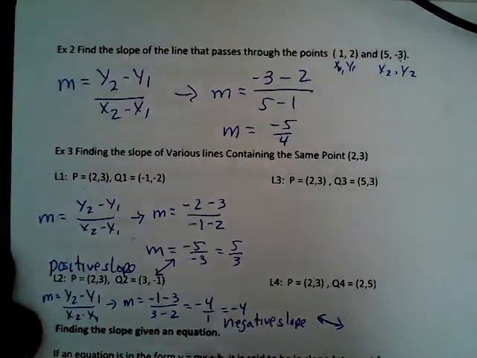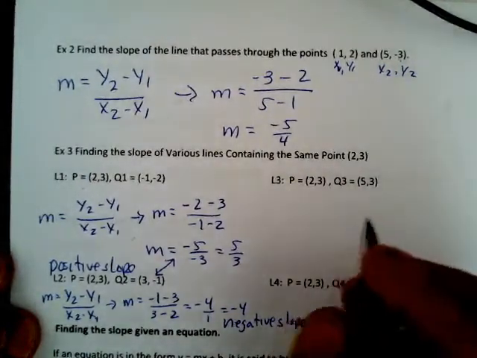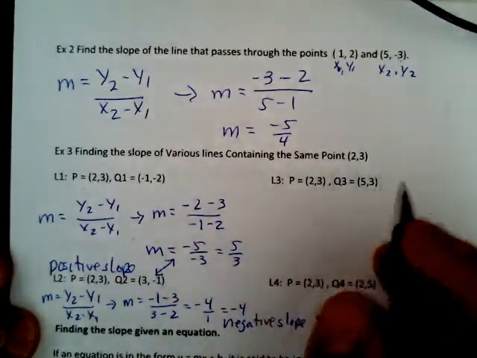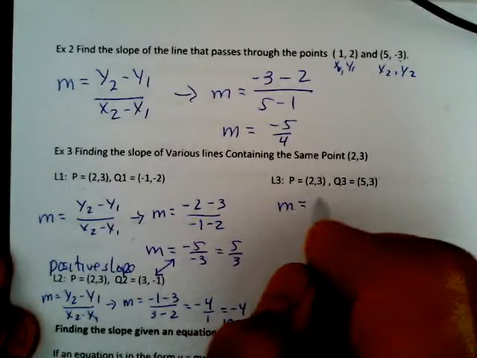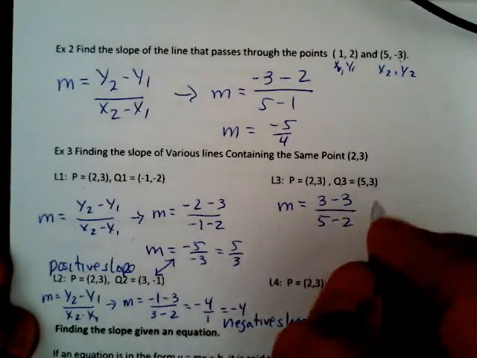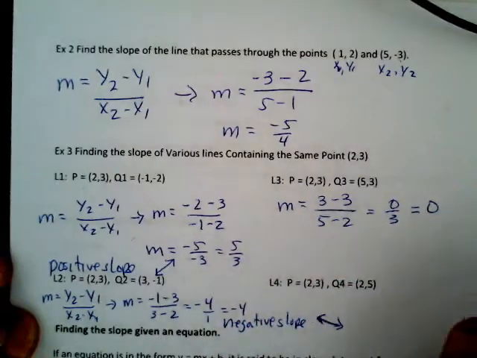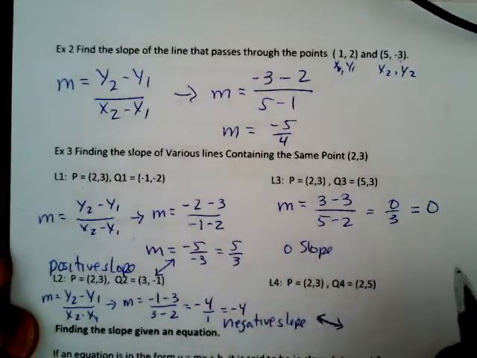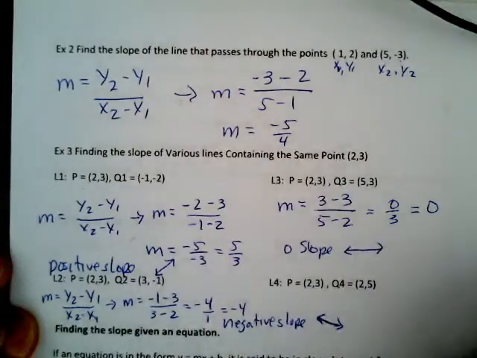The biggest thing here, you have to watch your signs. That's the most troubling part of anything we do in math, paying attention to our signs. So let's look up here at line 3, and again, I'm using the same formula. This time I take my difference in my y's over my difference in my x's, which is 0 over 3, which is just 0. So this is 0 slope, which is a horizontal line.